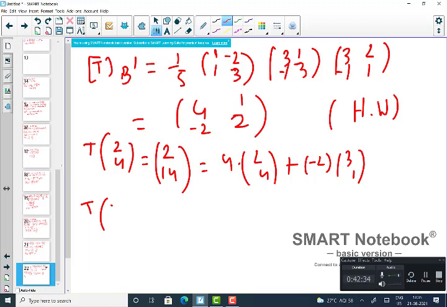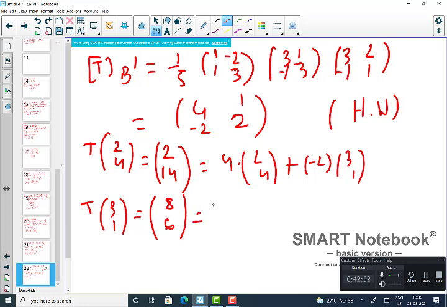Similarly, for the other one, (3, 1), what is the image? The image will be 3 into 3, so 9 minus 1, which is 8, and 3 plus 3 into 1, so 6.